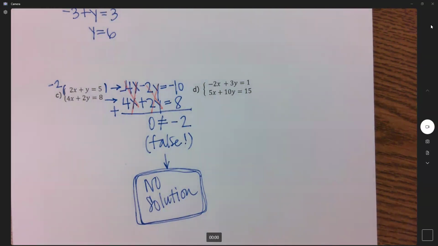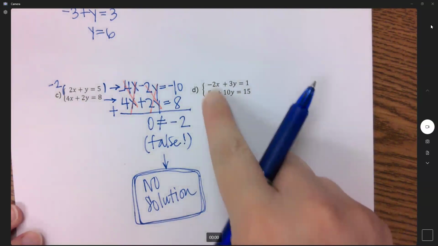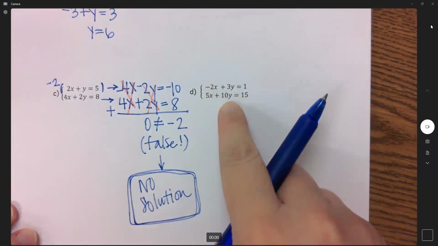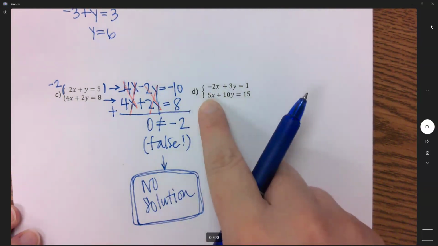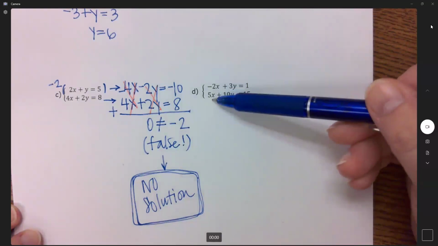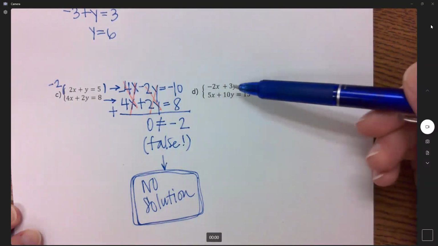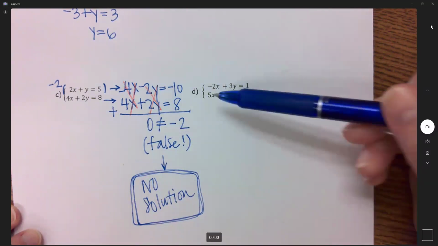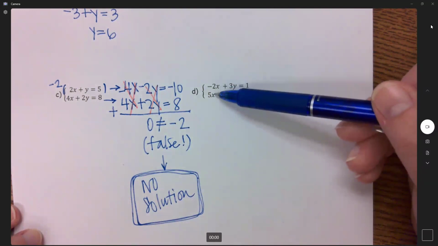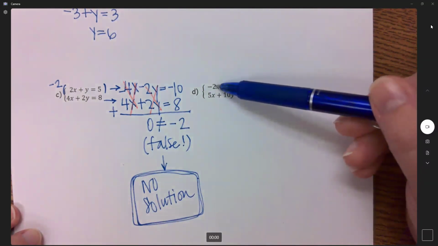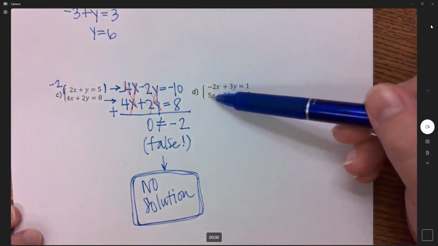Now, last one on this page for part D, if I want to stick with my x's here, and actually I can't really cancel out my y's easily. Yeah, we still could. I'm still going to do x's simply because it's a negative and a positive, so I don't have to worry about signs for the x, but we could still eliminate the y's. But if I eliminate my x's here, I can't multiply 2 to become a 5.